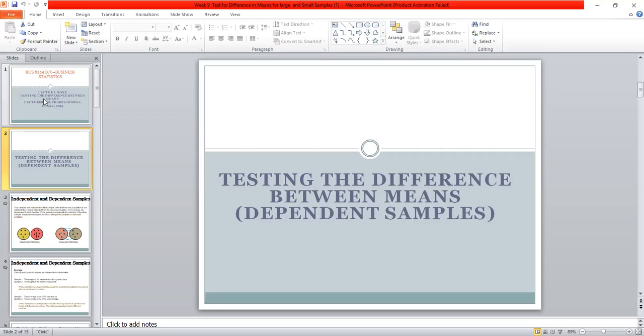Then suppose the bank has say 20 tellers. Then they take a sample of say 8 tellers with only one objective: to test whether an intervention that they will institute would be effective.